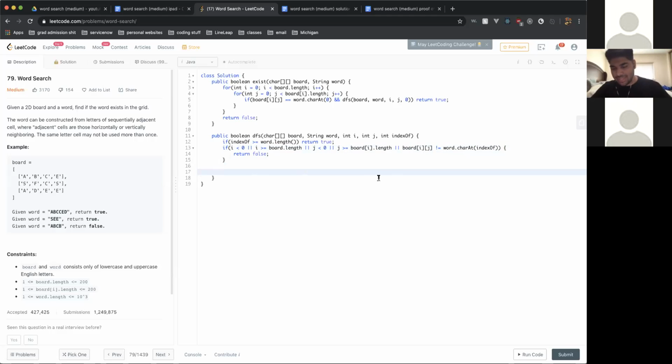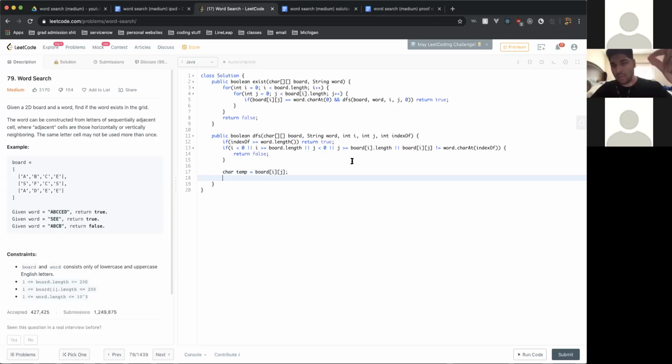The thing that marks DFS specifically is that we're going to mark certain vertices as visited. The way we can do that is by modifying what lives in that cell. Before I do that, I want to store whatever's at board ij into a temporary character, because we're going to need to put that character back where it originally was after we make our recursive calls.